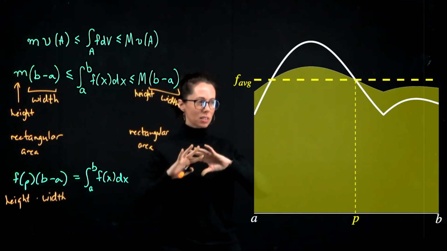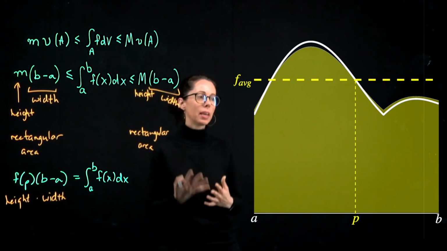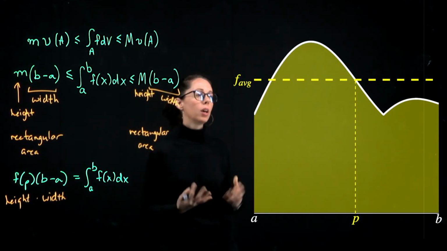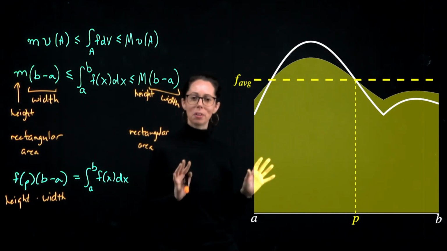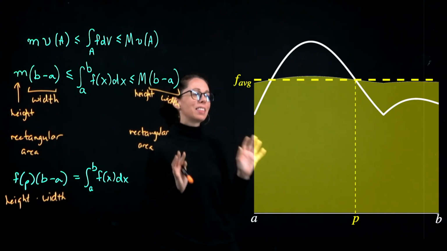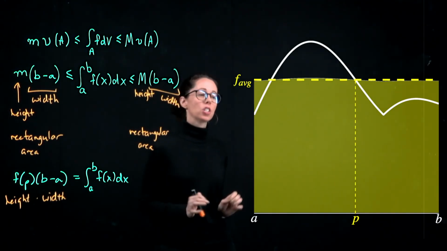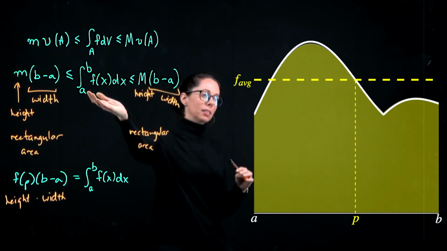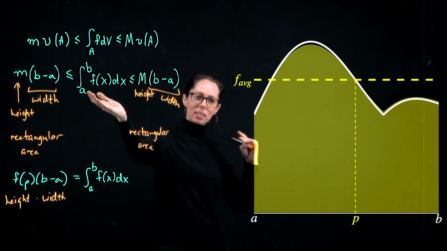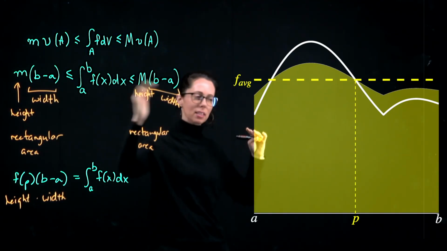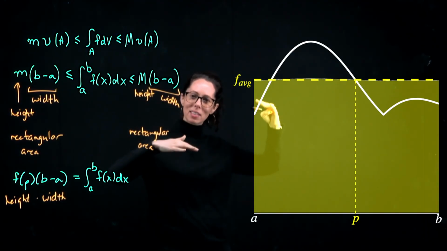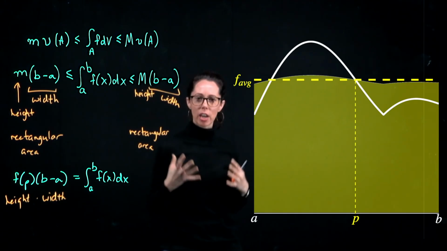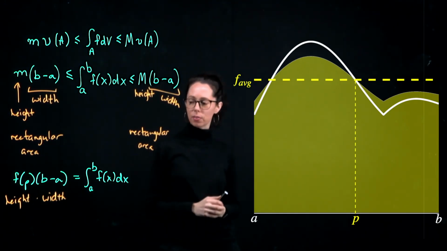So it's like we could smooth out this lumpy area into a rectangular one, this new rectangular presentation of the area under the graph of f. We want to think of that as some even measurement, because it's somehow representing the average output for f over this interval.